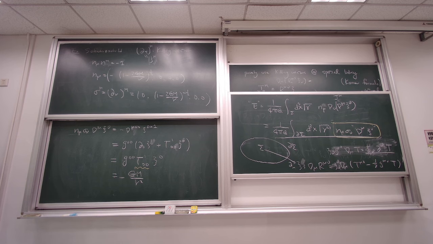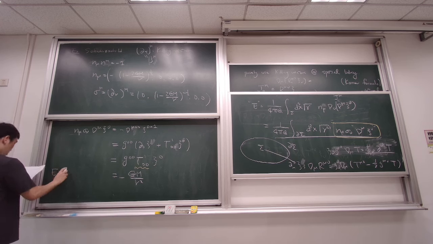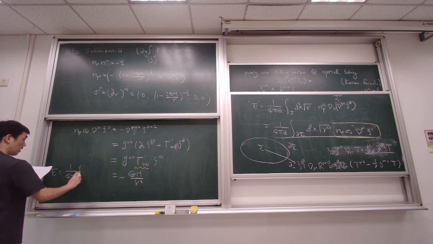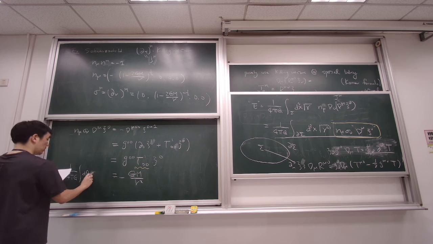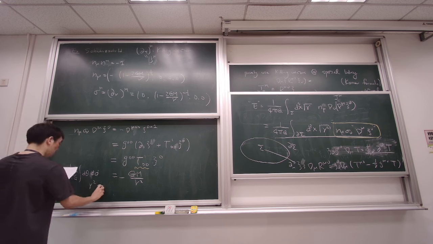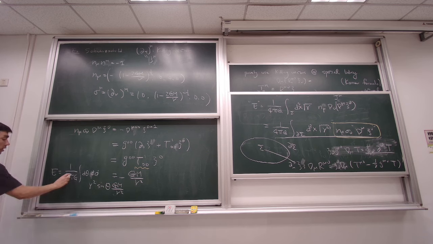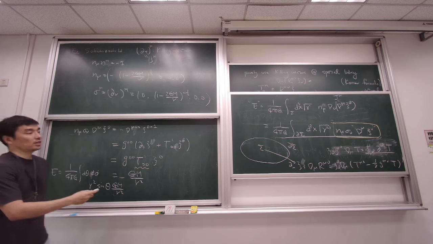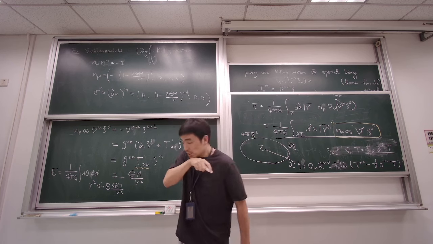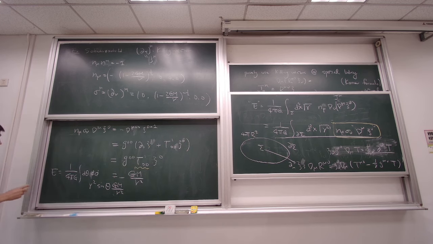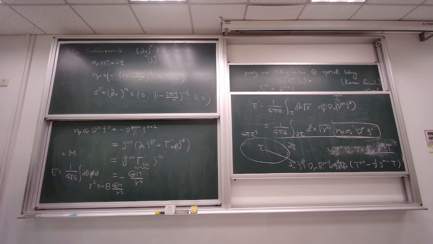And if you just integrate over it, this is equal to 1 over 2 pi G, and appropriately normalize the measure d phi, r squared sine theta, gm over r squared. We know that at spatial infinity the area is 4 pi r squared, that's the area of a sphere.